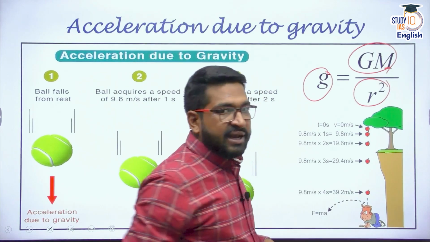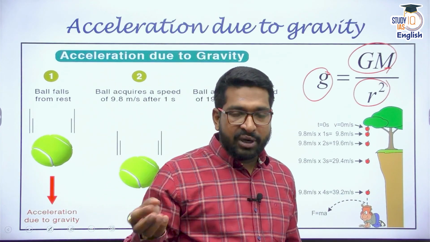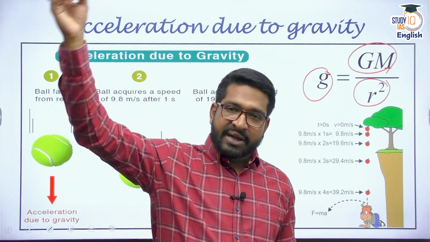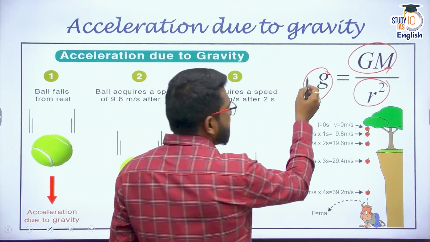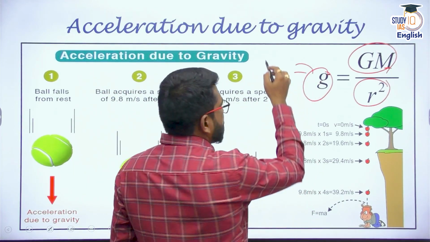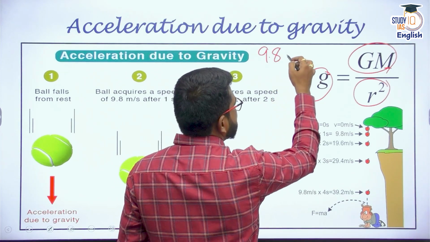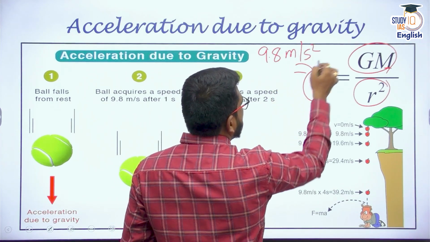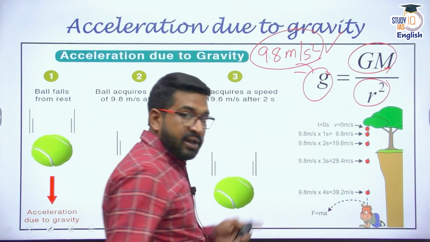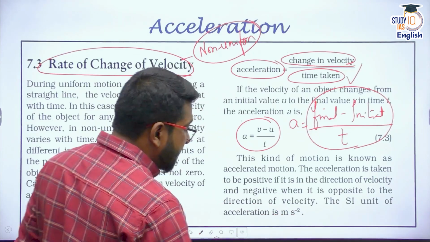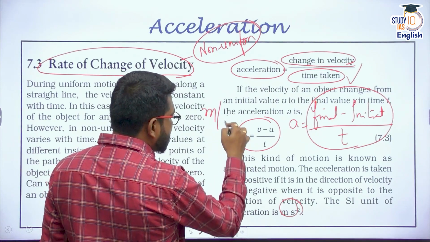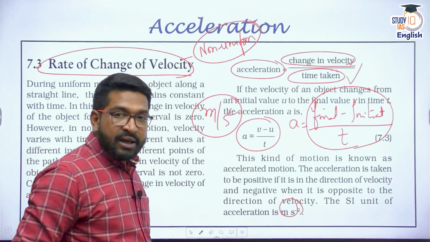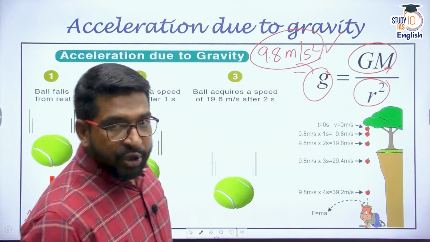All these parameters are connected to Earth because any other body's mass would be minuscule in comparison to Earth's mass, that we know. And when we calculate this, Earth's gravitational constant comes out to be 9.8 meter per second square. And this is the unit of acceleration as well. The SI unit for acceleration is meter per second square. Please remember this. And acceleration due to gravity is 9.8 meter per second square.